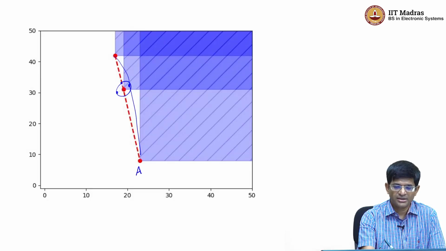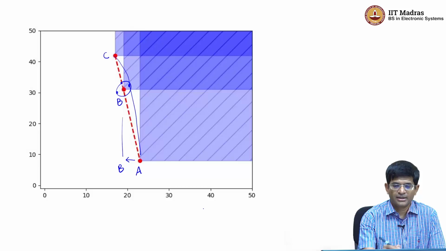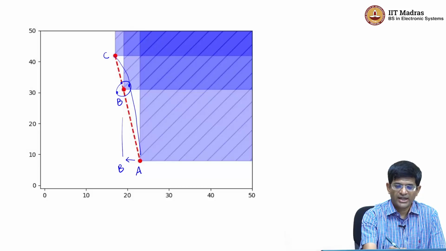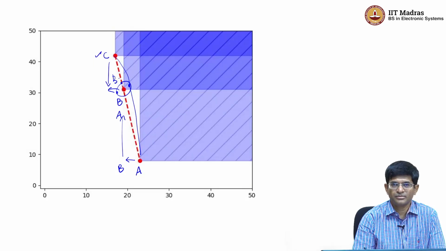Because if I consider the three solutions as A, B and C, on the x-axis B is better than A, whereas on the y-axis A is better than B, right. Similarly, on the x-axis C is better, on the y-axis B is better, right.